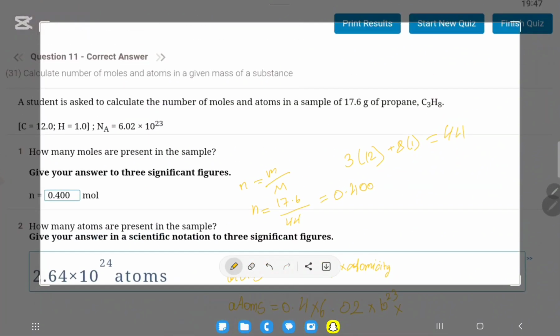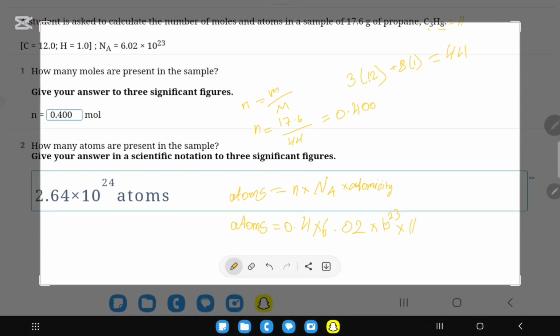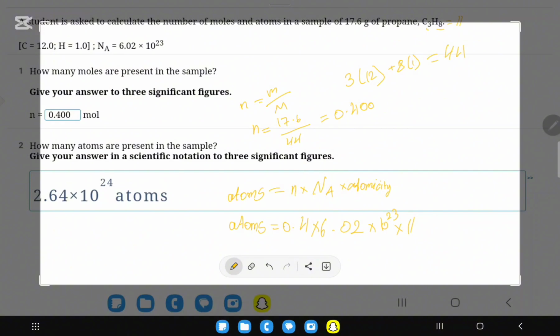For C3H8 we have 3 plus 8 atoms, so 11, times 11. You can put that into the calculator. 6.02 times 10 to the power of 23 times 11 times 0.4, you get 2.6488 times 10 to the power of 24.